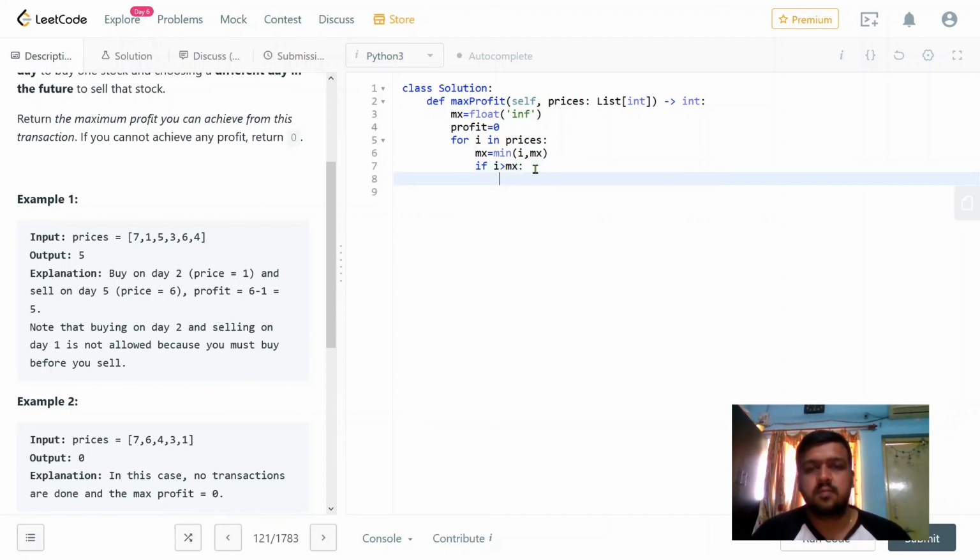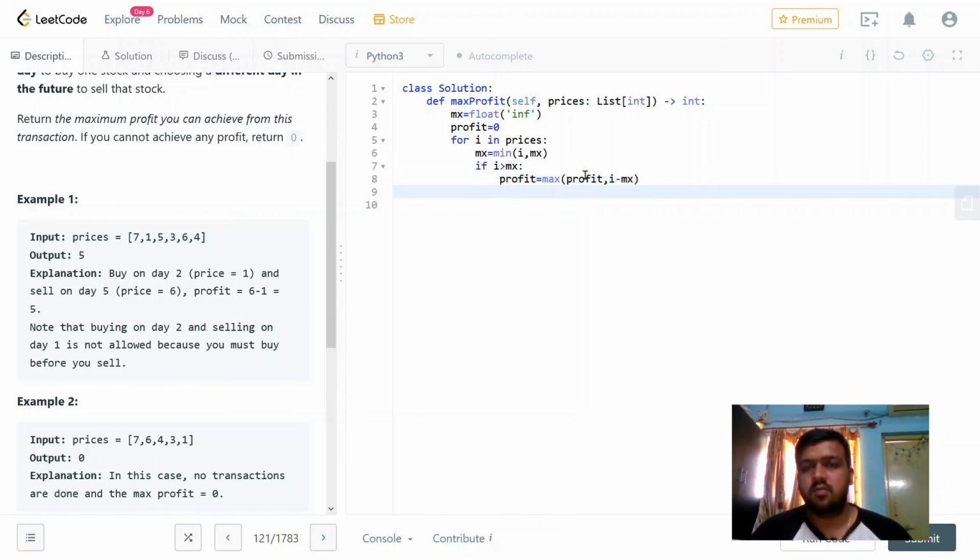Which is not true. If I am comparing 10 and 5, the current value is 10 and the minimum value that I saw was 5. Now I can compare that, right? So profit equals max of profit and I minus mx.